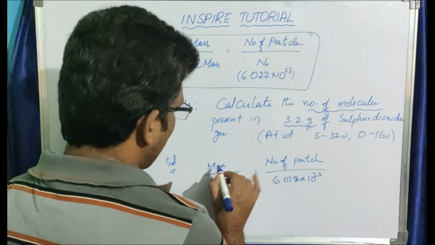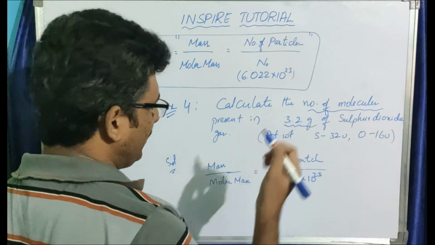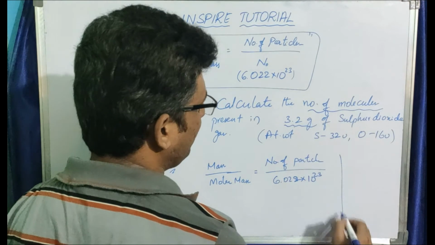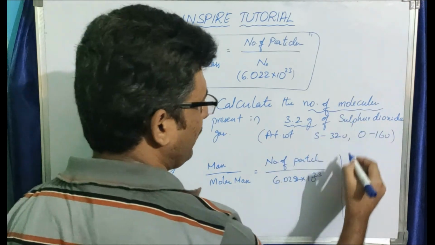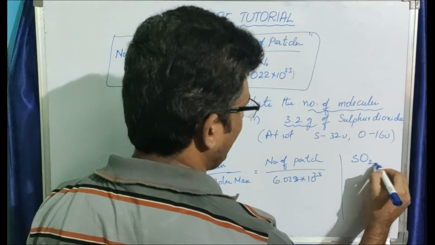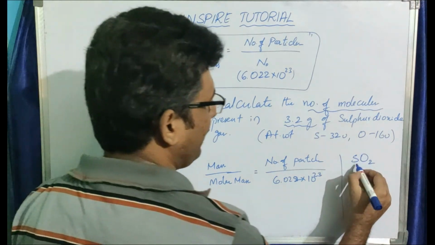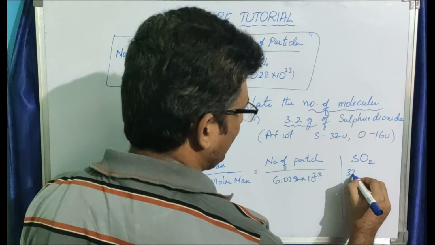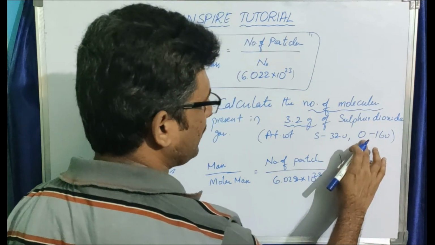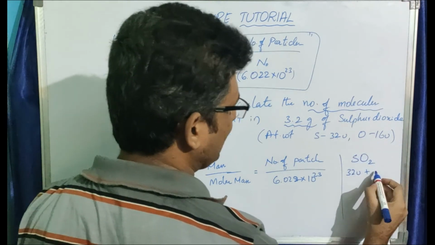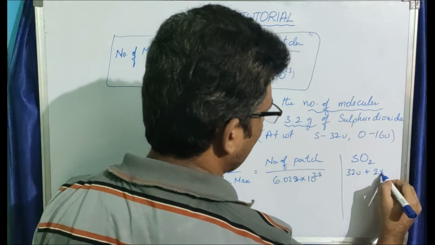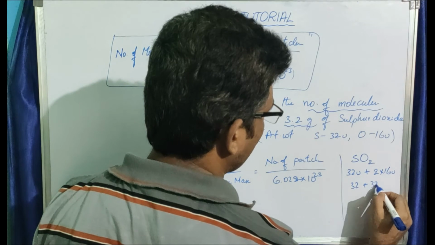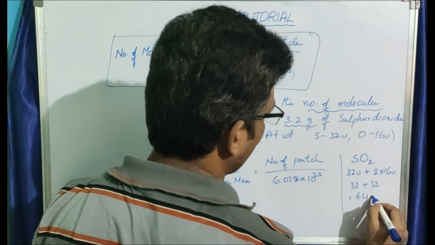Now, mass is given, that is 3.2 grams, and molar mass you have to find from the formula of sulfur dioxide. The formula of sulfur dioxide is SO2, and the sulfur atom is 32 units, so 32 units plus each oxygen is 16 units, and we have two oxygens, so 2 into 16 units, so there will be 32 plus 32 units, which equals 64 units.